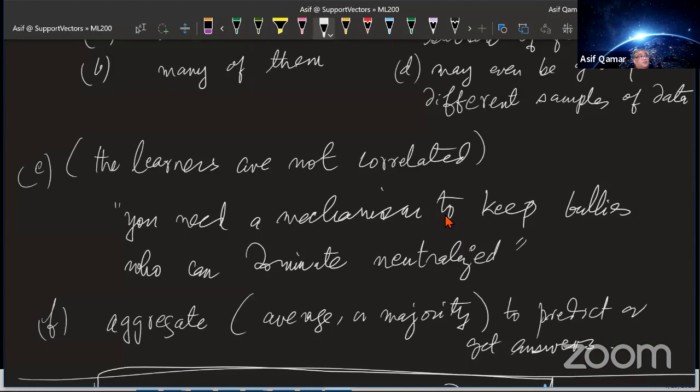But if you create lots of decision trees, like let's take the example of decision trees. Those learners can be decision trees, but they can be anything else. Suppose you take a lot of decision trees, but to each tree you only give a few of the features. So what will happen is the majority of the trees will not get that dominant feature that is screwing up the analysis.